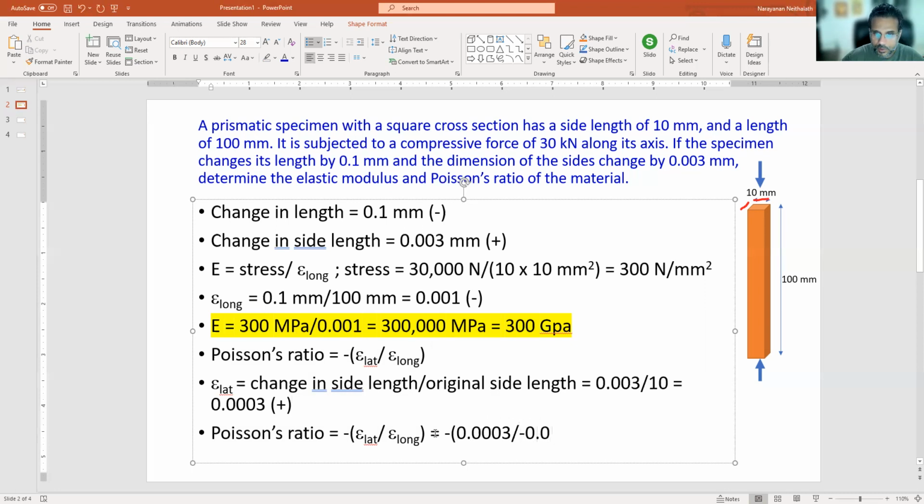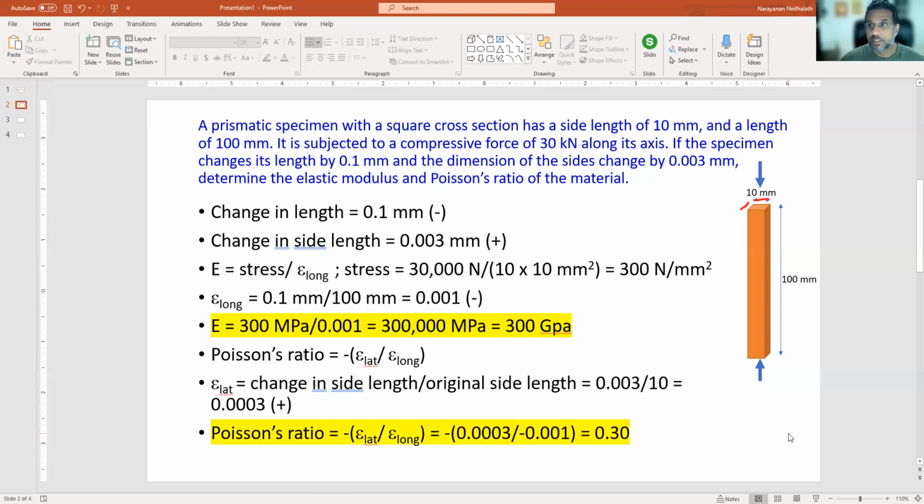Minus 0.001. You will get a Poisson's ratio of 0.30. Right, so if calculated. Now, to check if your Poisson's ratio is correct, you should always get a Poisson's ratio between 0 and 0.5. For most engineering materials that we deal with, your Poisson's ratio would be anywhere between 0.15 and 0.4. That is your check. If your Poisson's ratio is 2 or 3, you're wrong.